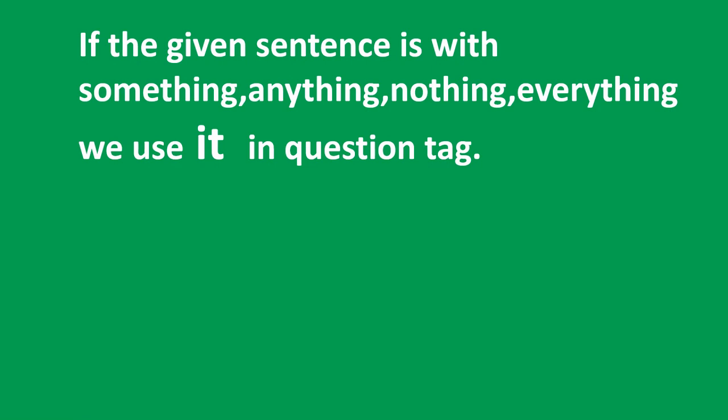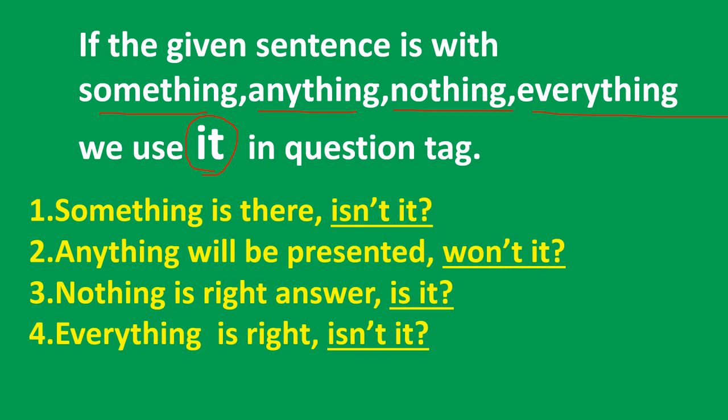If the given statement is with something, anything, nothing, everything, we use it as subject pronoun. Okay, let's see some examples here. Something is there. In this sentence, in the place of subject there is something.